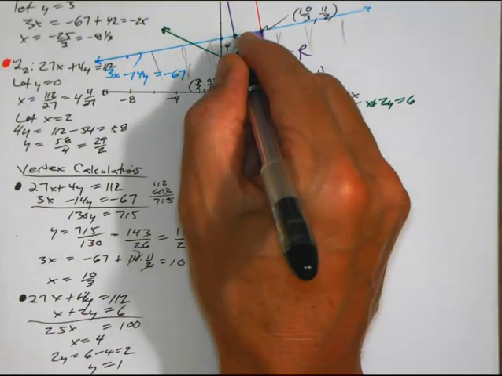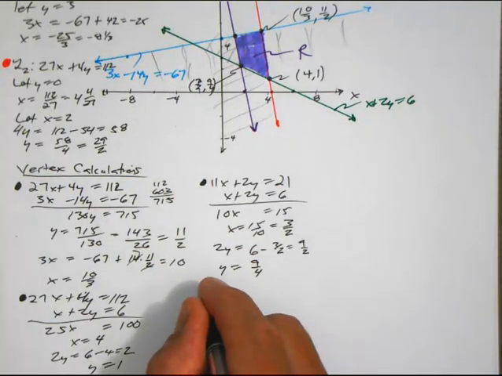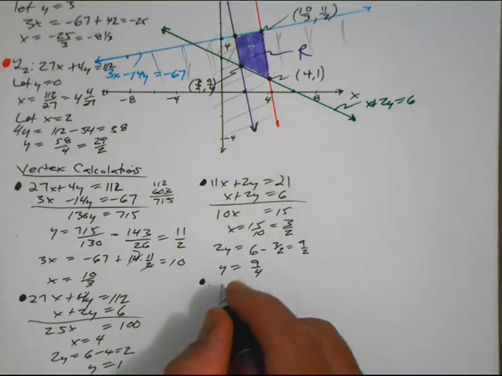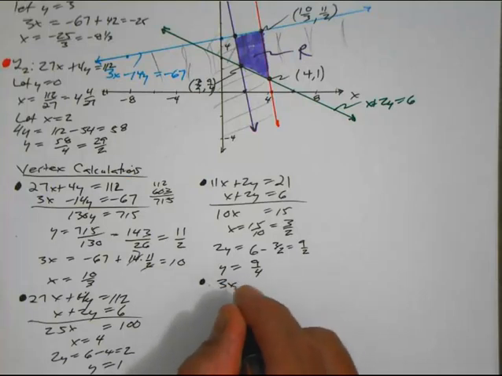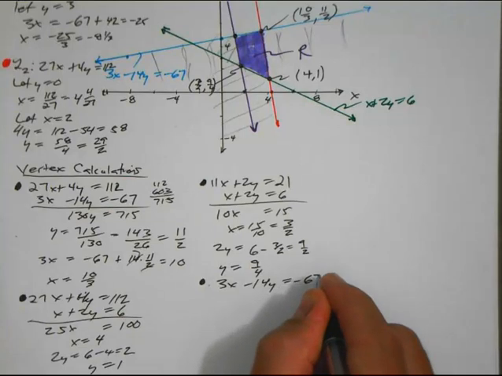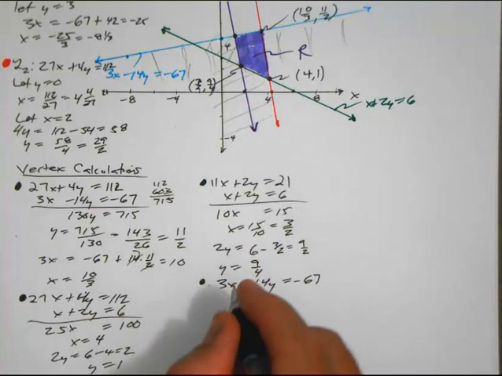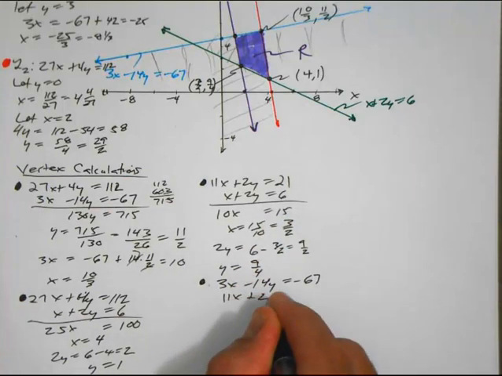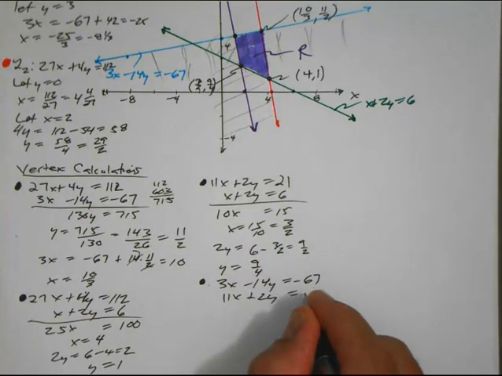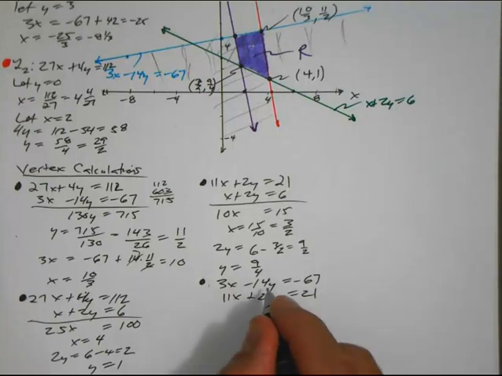Here we are intersecting the light blue line and the purple line. That light blue line is 3x minus 14y equaling negative 67. The purple line, 11x and 2y equaling 21. It wouldn't be too hard to get the y's to eliminate.